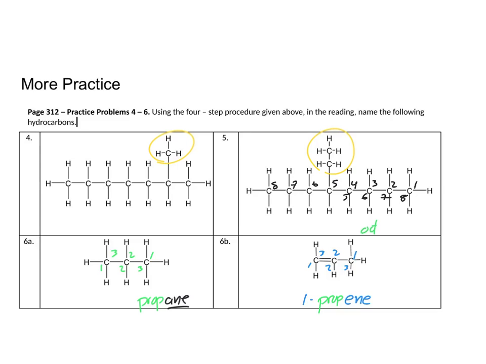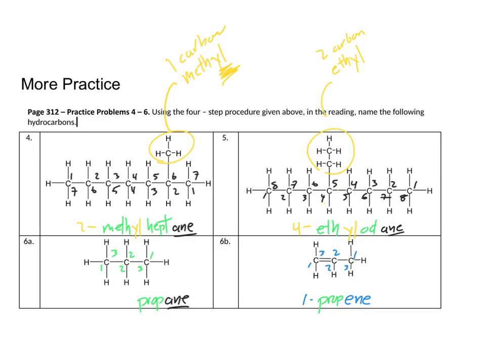On the 5th carbon, there is a branch that we already identified to be an ethyl branch, so it's an ethyl octane. And we have to tell the world where it is. Because the branch is located either on the 4th or the 5th carbon, we're going to count closest to the beginning of the chain. So it's a 4-ethyl octane.